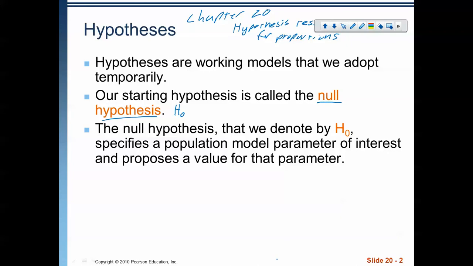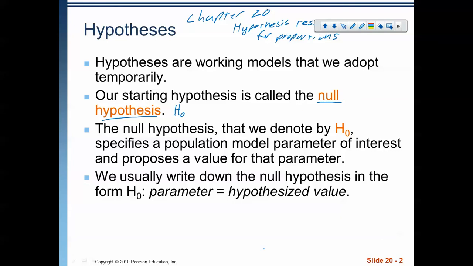For example, we might see a null hypothesis that p equals 0.3. Let's give it some context here. Let's talk about M&Ms. We might say that 30% of M&Ms are blue. That's my null hypothesis: 30% of M&Ms are blue.